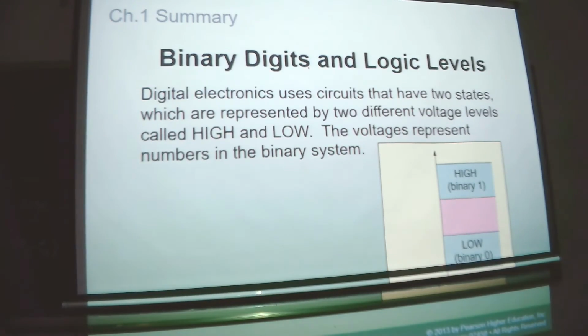Okay, binary digits and logic levels. Digital electronics uses circuits that have two states, which are represented by two different voltage levels, called high and low.